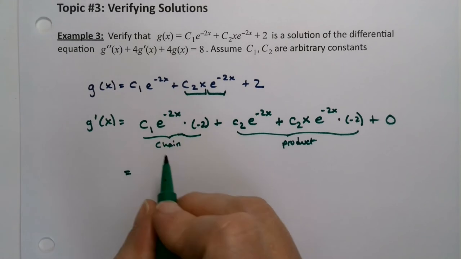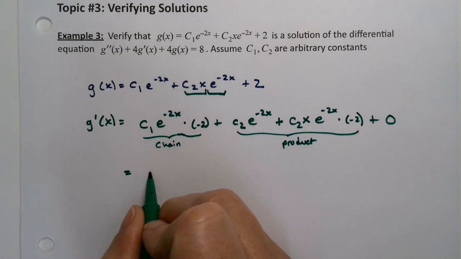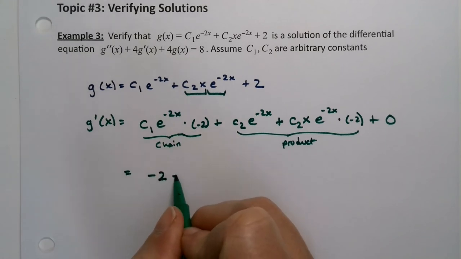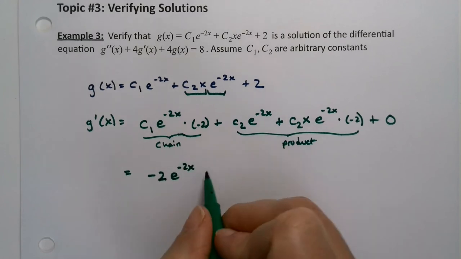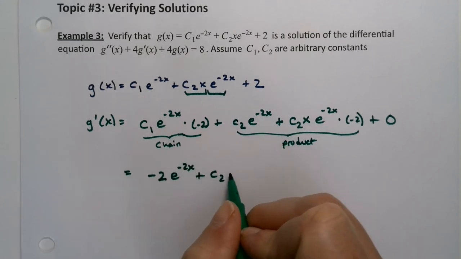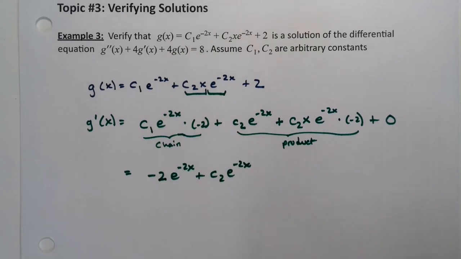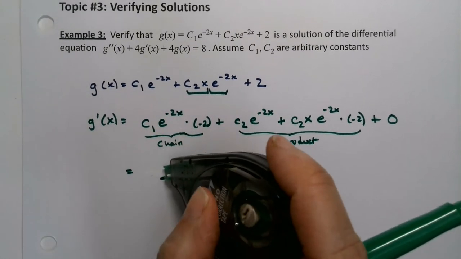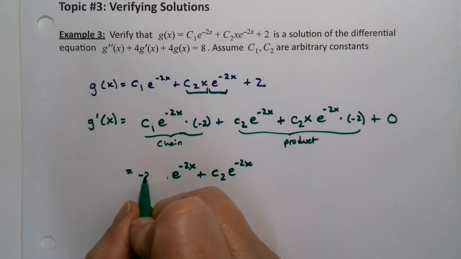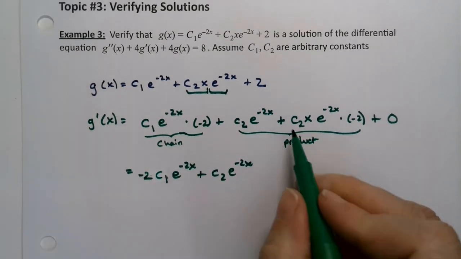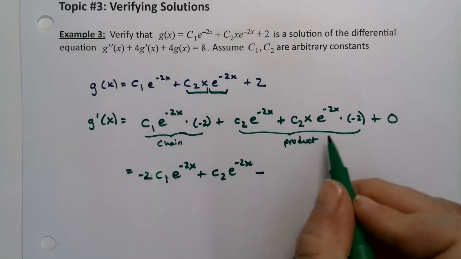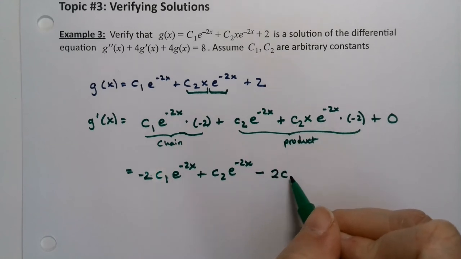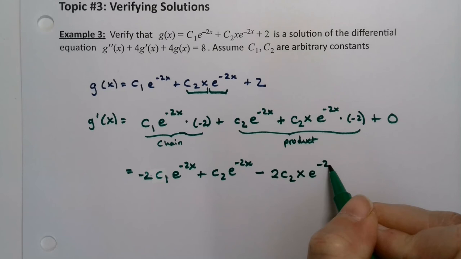Now I'm going to simplify this. We'll just rewrite it. It's negative 2c1 e to the negative 2x, oh, I lost my c1, plus c2 e to the negative 2x minus 2c2x e to the negative 2x.